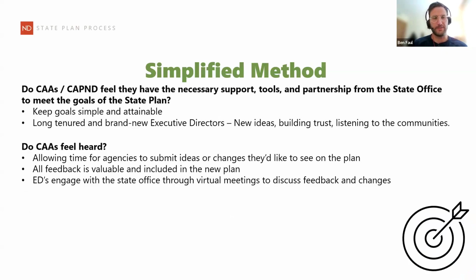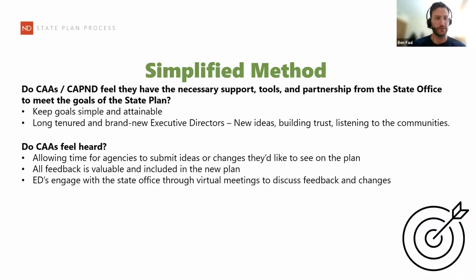As Karen mentioned, one question that I like to keep at the front of my mind is: do the agencies and the state association have the necessary support tools, and do they feel like they're partners in meeting the goals of the state plan?